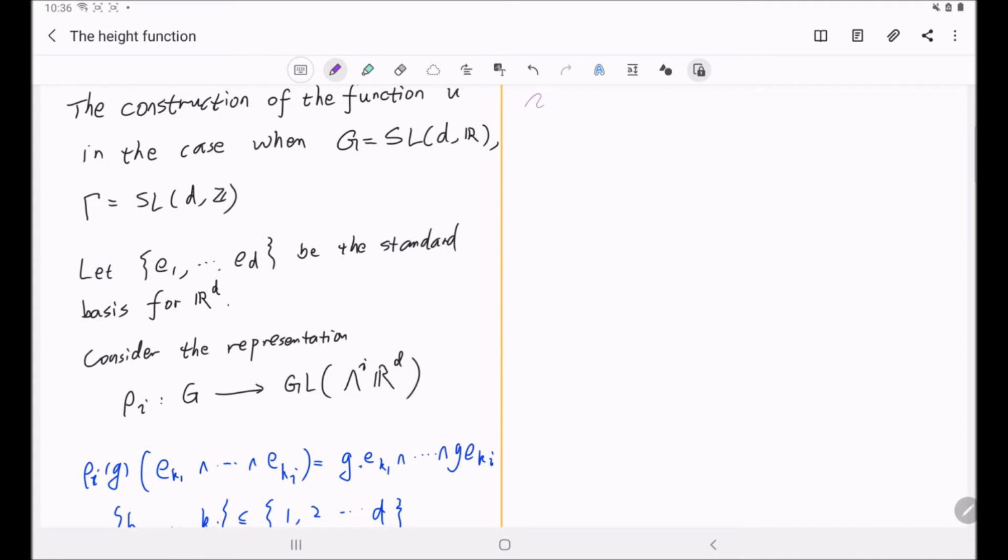Now let's talk about a definition. Let delta be a lattice in R^D.